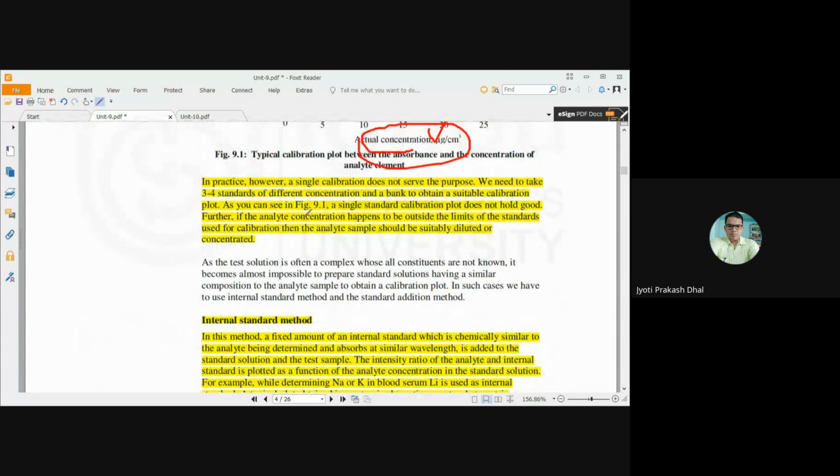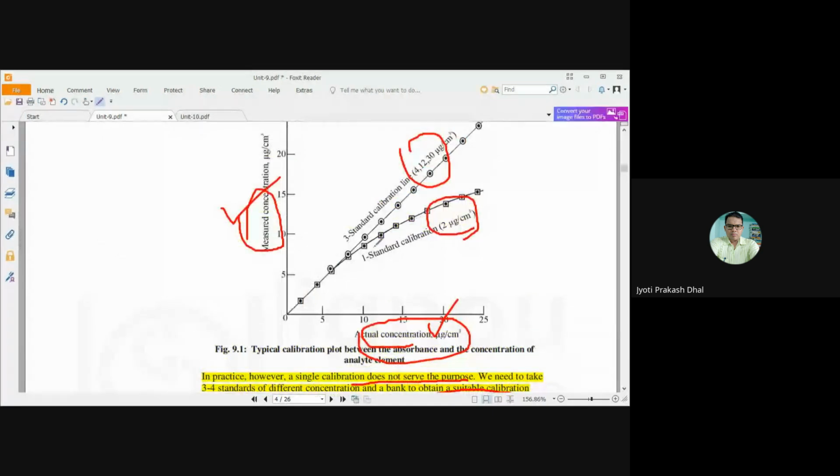In practice, a single calibration does not serve the purpose. We need to take 3-4 standards of different concentrations to obtain a suitable calibration plot. So here in the figure, a single standard calibration plot does not hold good, so that will not maintain the linearity.